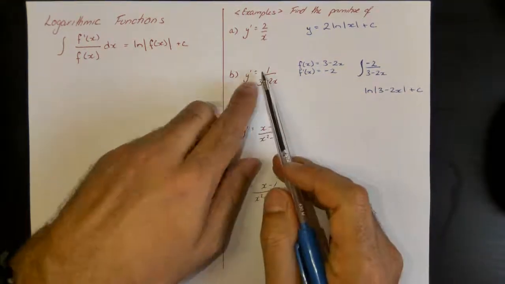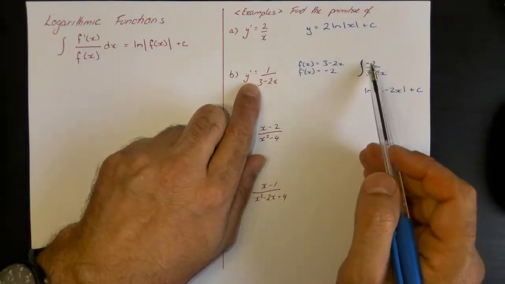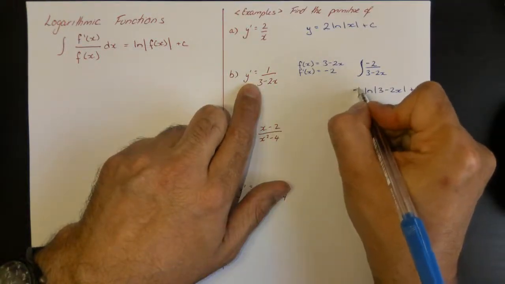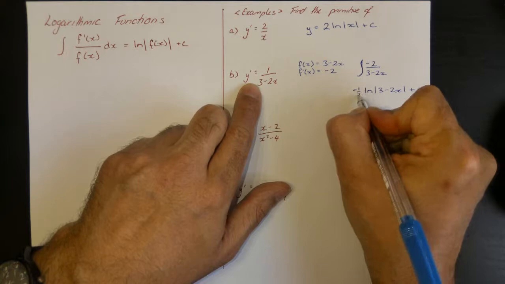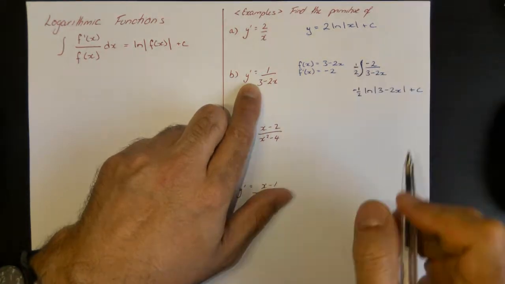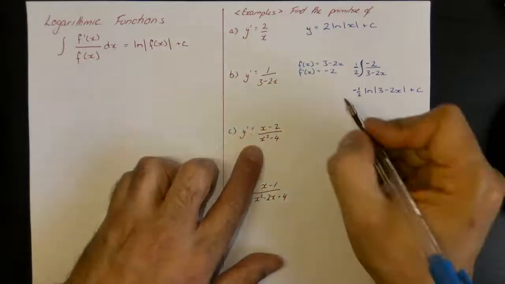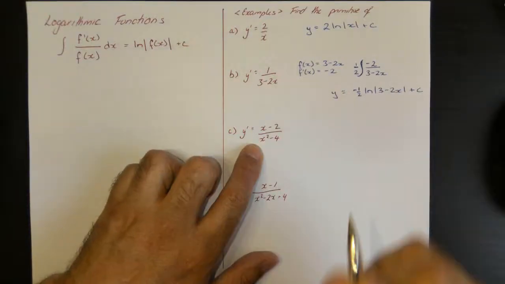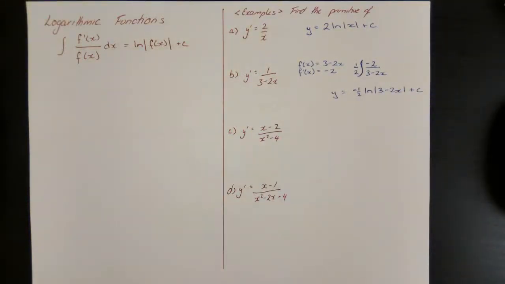But that's not what we have. So I need to make a compensation for this negative 2. Basically, I'm going to have a half to compensate for that 2. So y equals negative a half log 3 minus 2x plus c.